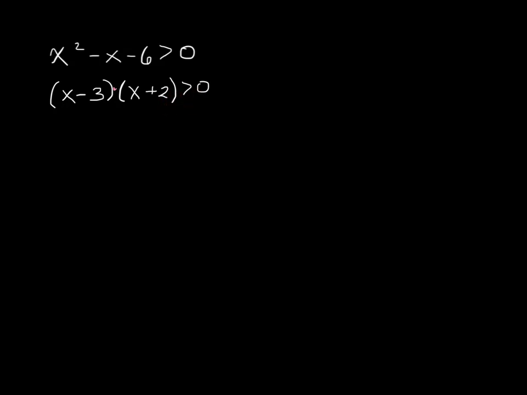This means positive. So we know that these signs have to be the same. Either this is positive and this is positive, or this is negative and this is negative. So we've got two cases. Let's write those cases down.